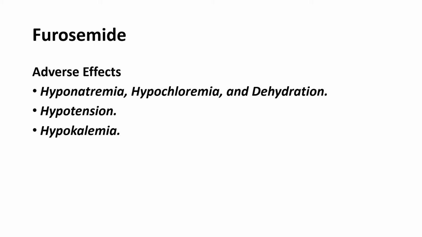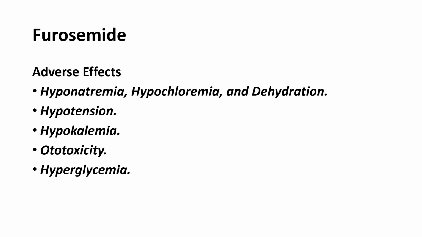Next will be hypokalemia. Potassium is lost through increased secretion in the distal nephron. Next will be the ototoxicity. Rarely, loop diuretics can cause hearing impairment. With furosemide, deafness is transient.